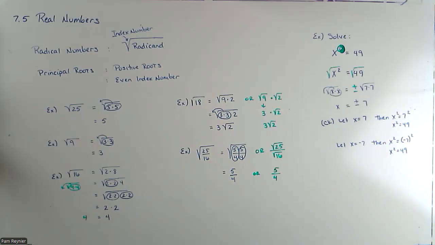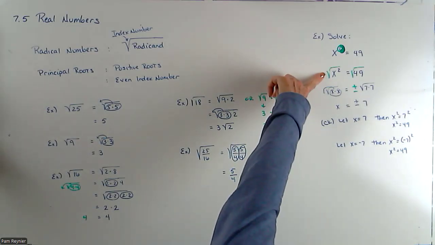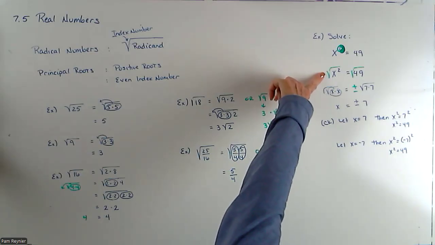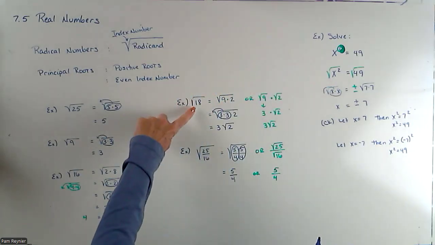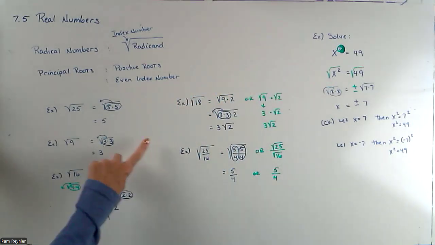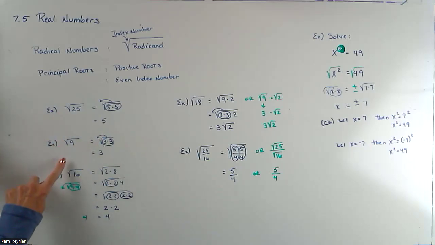So the only time you get 2 solutions is when you physically are the one to take the square root to solve the problem. If the square root's in the problem to begin with, like what you're going to see in 5th grade and 6th grade, we just want the positive answer. It's called the principal root.